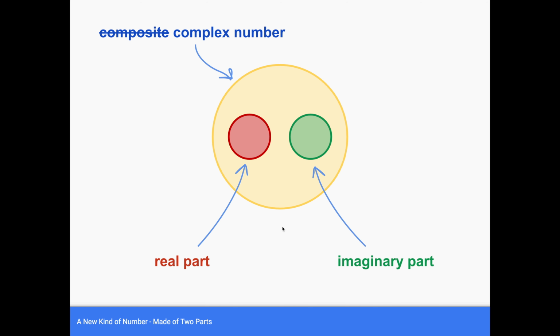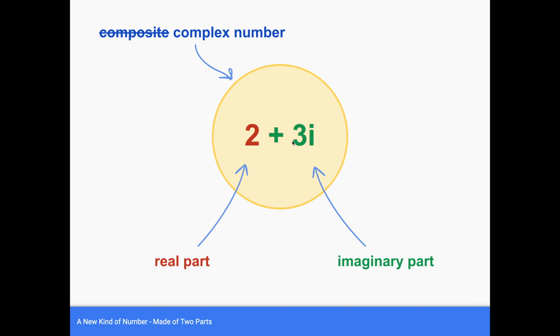So this complex number has two numbers inside it, and they're called the real part and the imaginary part. And that's just the naming. Nothing to worry about there. And there's an example of one. So 2 plus 3i, 2 and 3 are the two parts, but the imaginary part is labelled with this little i here to tell us that it's the second part, so we don't confuse it with the first part.